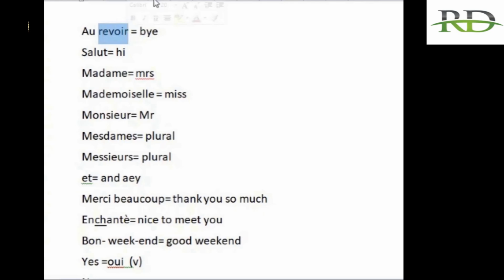Always it is going to be R. For example, au, R, and then voir. In the end, it is always going to be R, re sound. Au revoir, like this. Au revoir, that means bye in French.